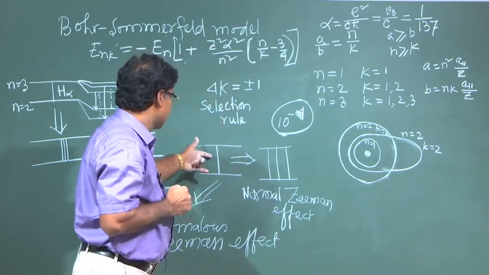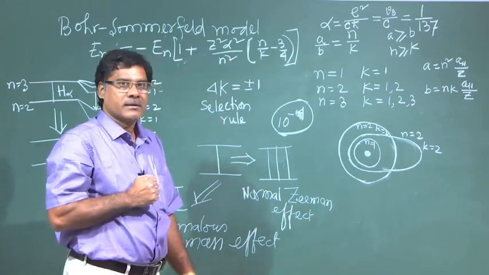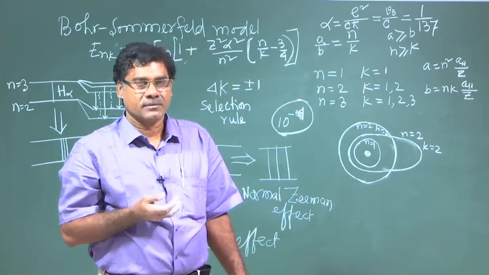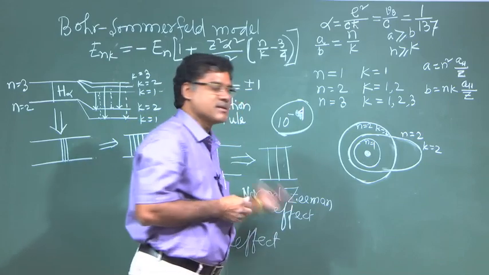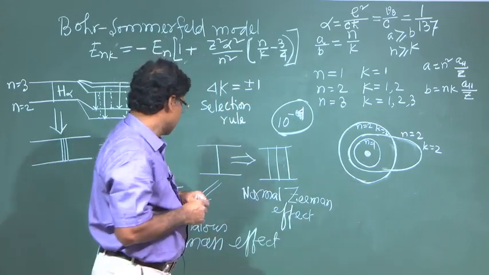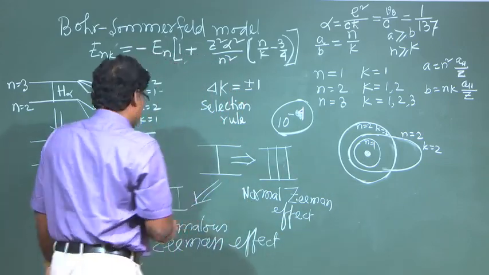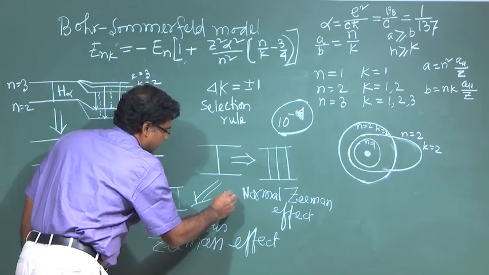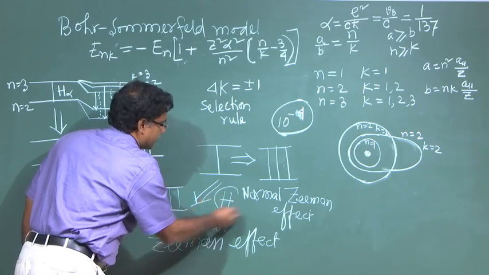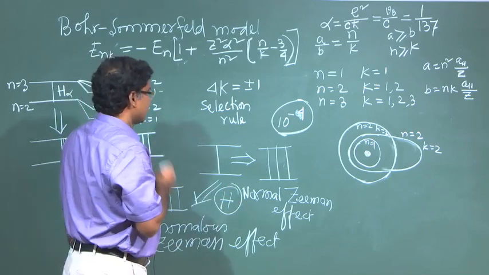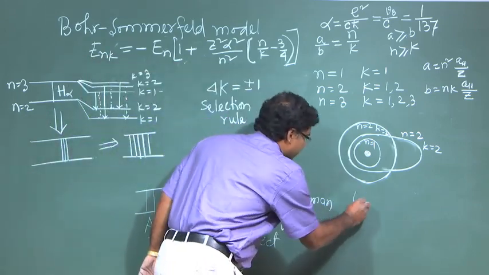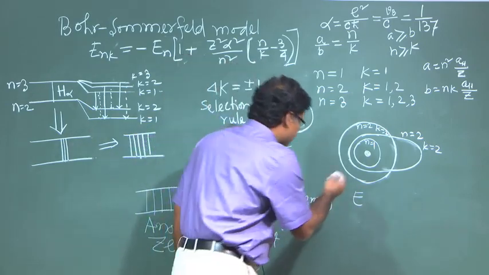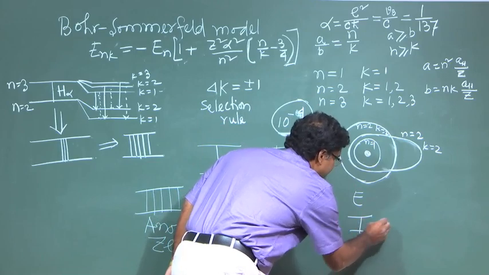Another aspect, as I mentioned, is that even if you apply an electric field, then also the spectral line is splitted. So this is for magnetic field, that is H, and for electric field, if we apply an electric field, then one line is splitted into more lines.